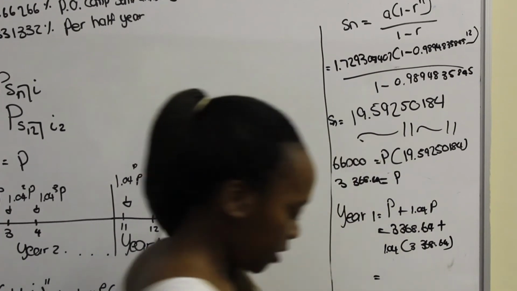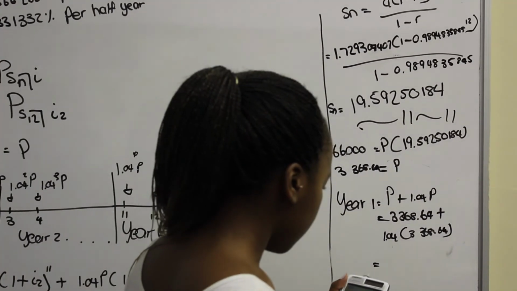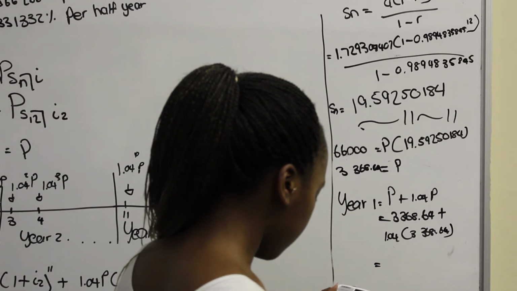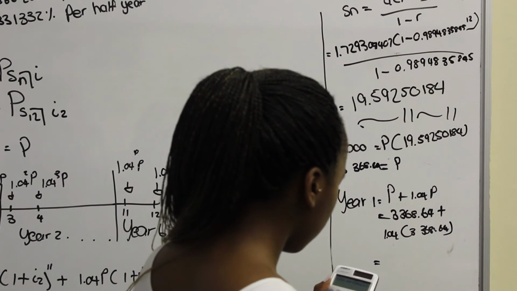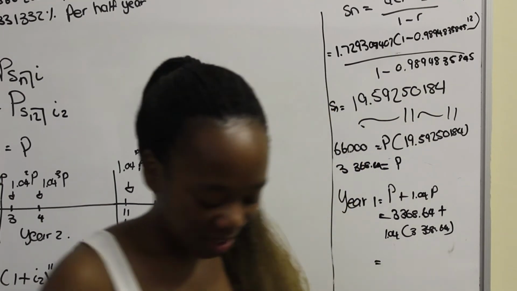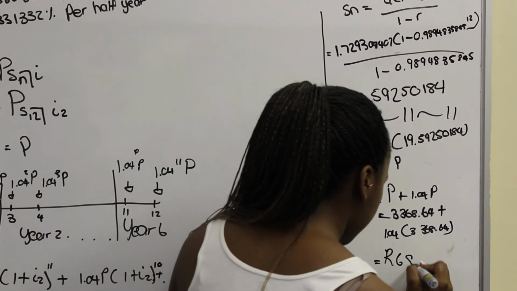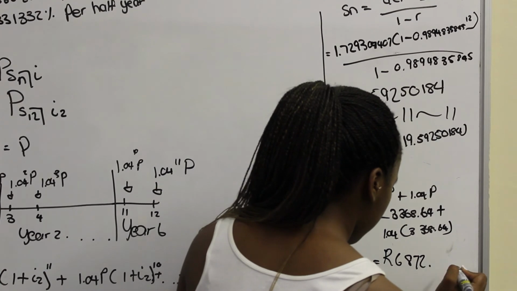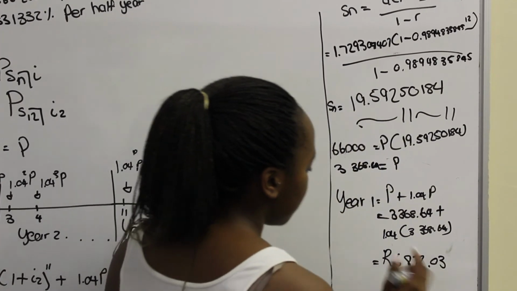And that is going to give us 6,872.03. This is the total amount that we've paid in the first year.